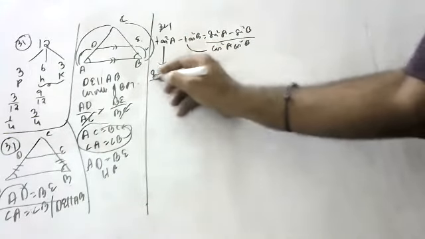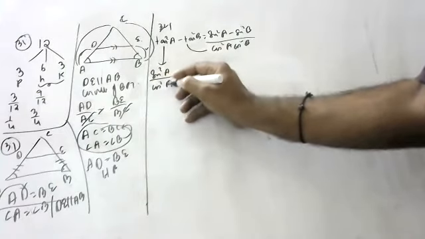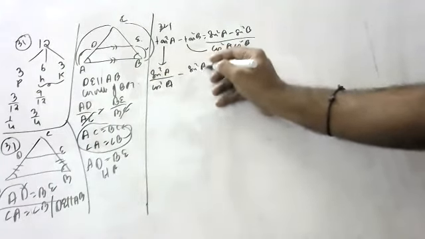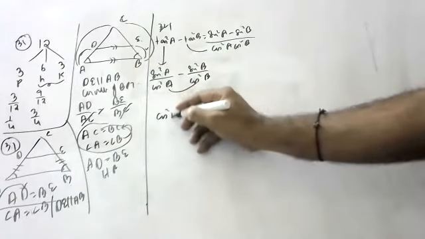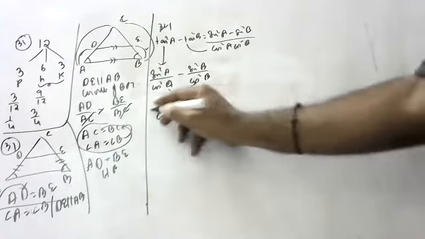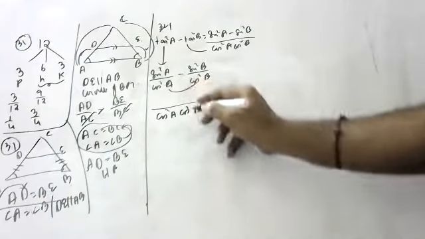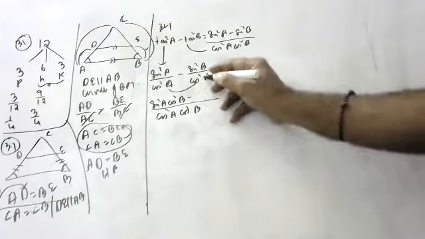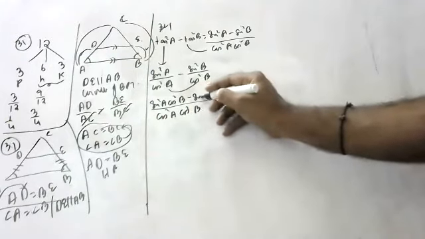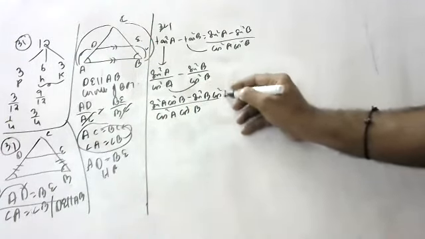Sin square A by cos square A minus sin square B by cos square B. LCM. This into this: sin square A into cos square B minus sin square B into cos square A.